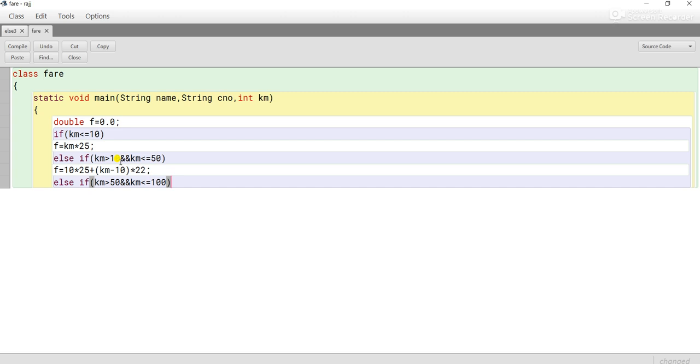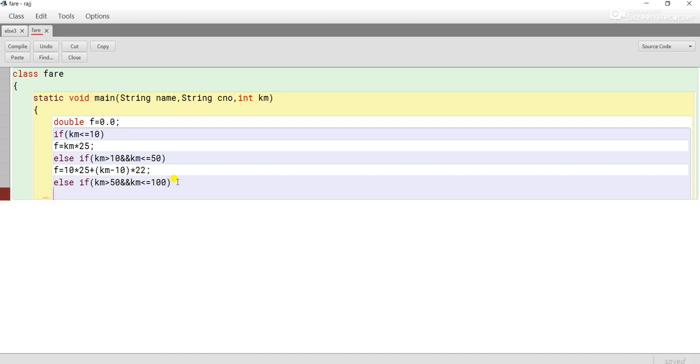So kilometers less than or equal to 50 means 10 plus 40 becomes 50. But in the third case, for the next 50 kilometers, after 50, when you add 50 it becomes 100.